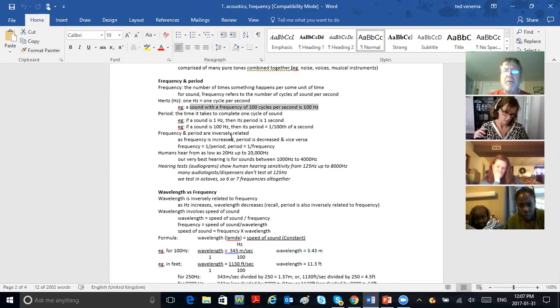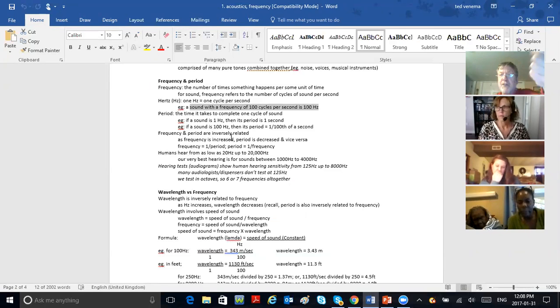So for example, if a sound is 1 hertz, its period is 1 second. It took 1 second to make one cycle. If a sound is 100 hertz, then its period is 1/100th of a second, because you had 100 bumps in 1 second. So the time it took to complete one bump and one valley is 1/100th of a second.